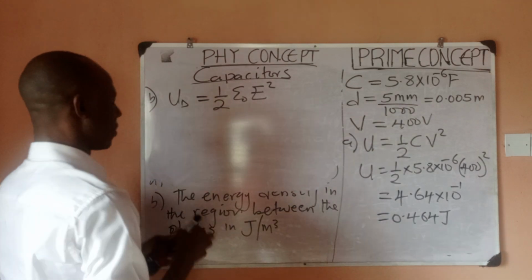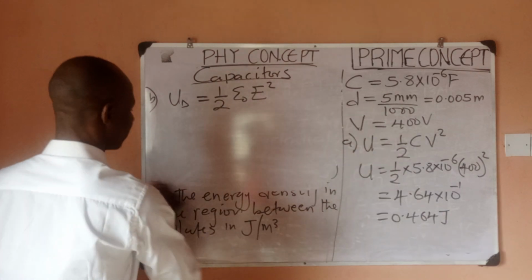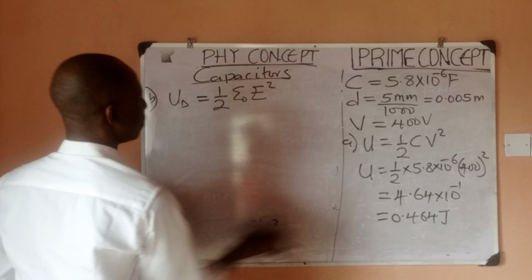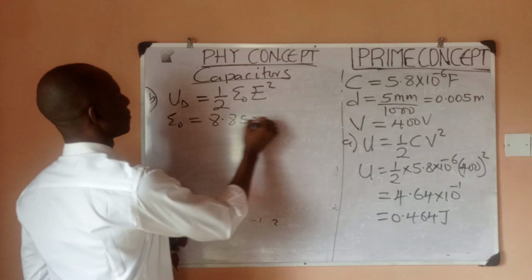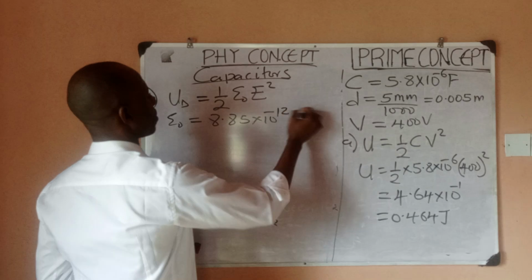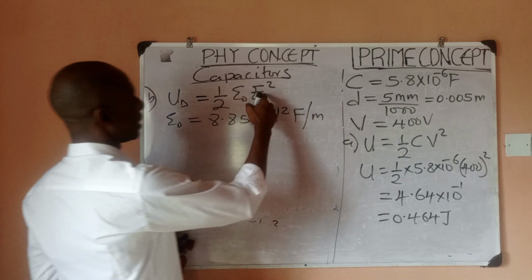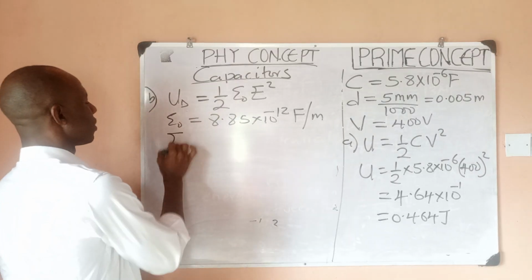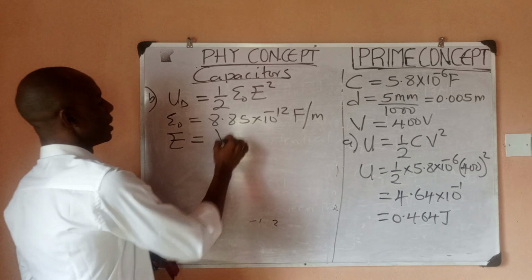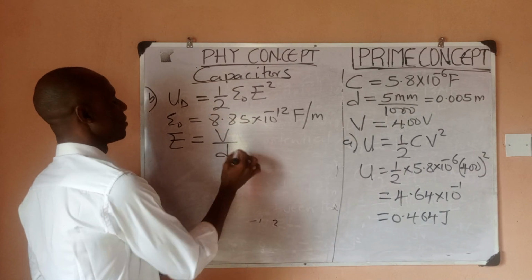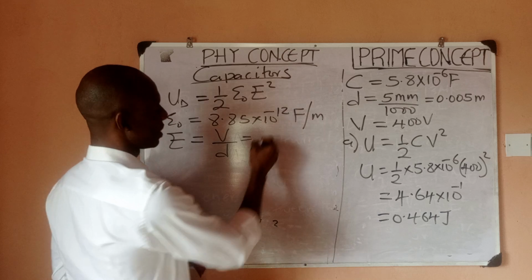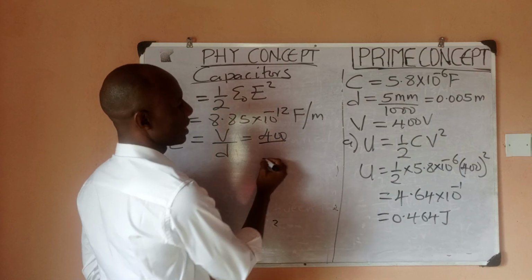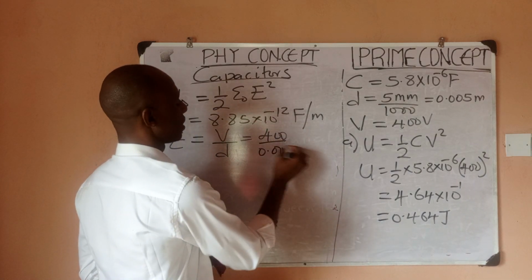So this is the formula for energy density, where we know that epsilon naught has a value of 8.85 times 10 to the power minus 12 farad per meter, and E is the electric field. We know that electric field E is the potential difference divided by the distance of separation. So our potential difference in this case is 400 divided by our distance 0.005.